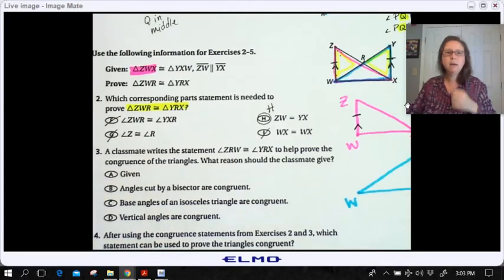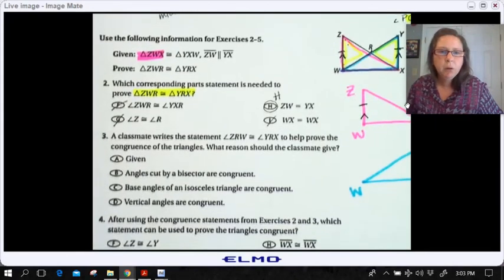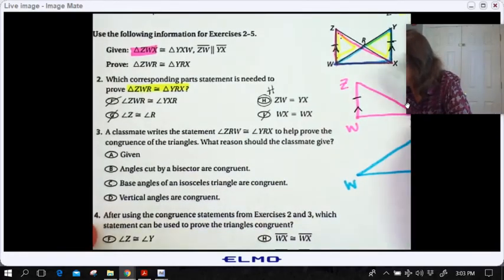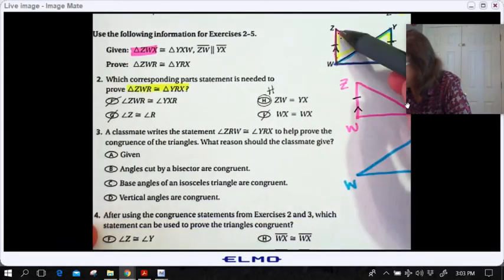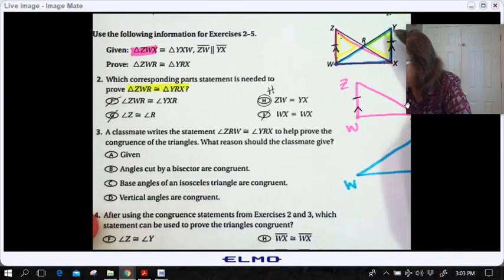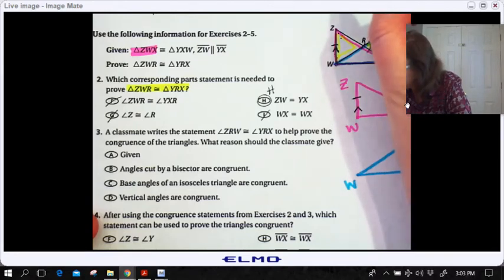Okay. Next, a classmate writes a statement that ZRW is congruent to YRX to help prove the congruence of the triangles. So let me mark that.